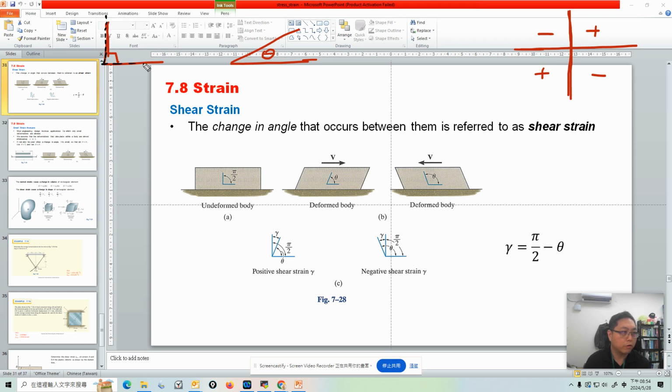Previously we said the shear strain is the angle change. So the angle change is here. What's the angle? Here is 90 degrees, so the angle change is pi over 2 minus theta.